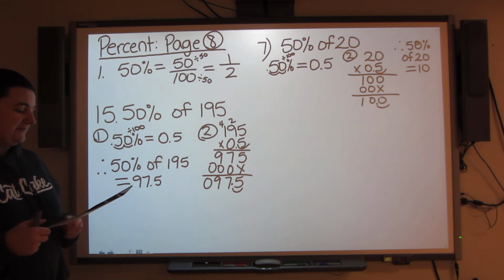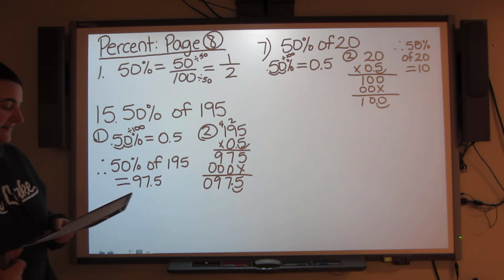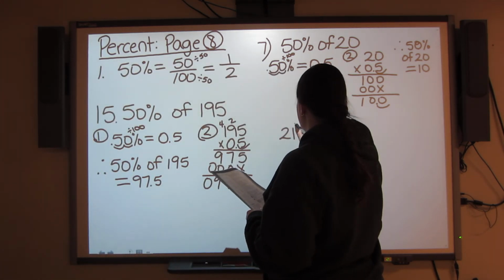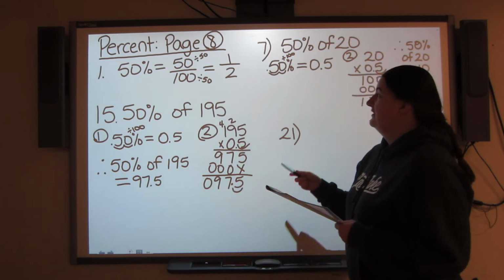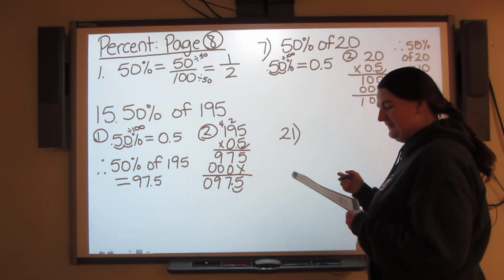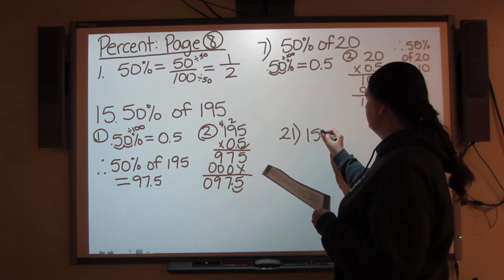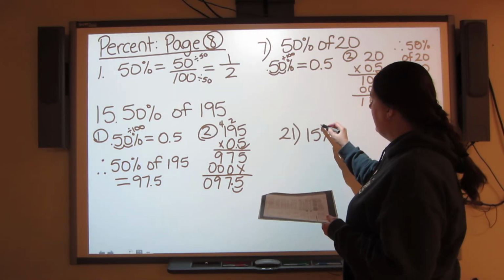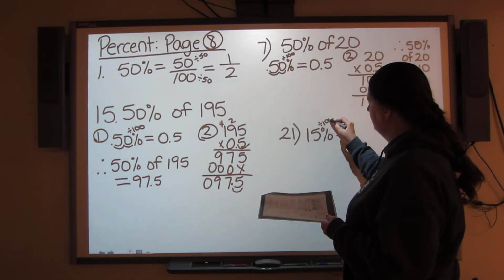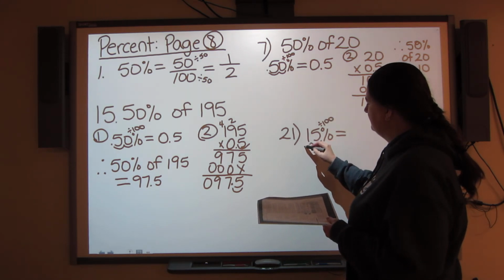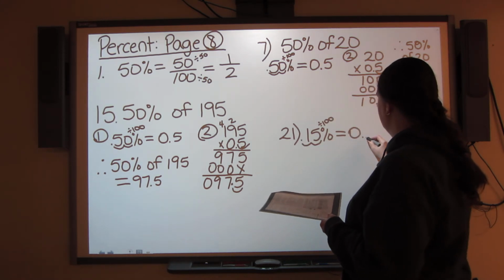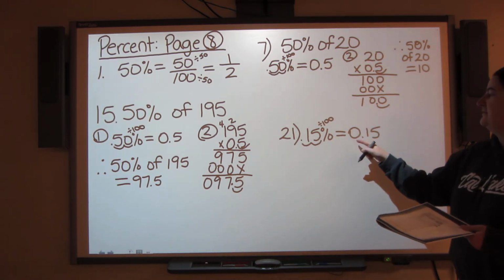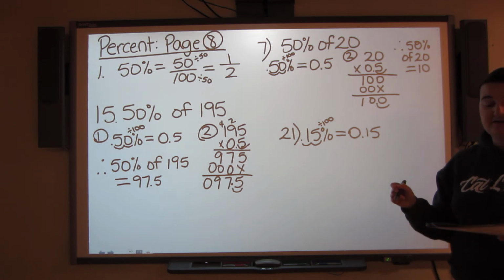Right, let's take a look at number 21. It says express as a decimal. So these ones are going to be much easier because they're only one step. So when I have 15% and I'm changing it to a decimal, I divide by 100, move my decimal 2 spots over. So 15% is 0 and 15/100.